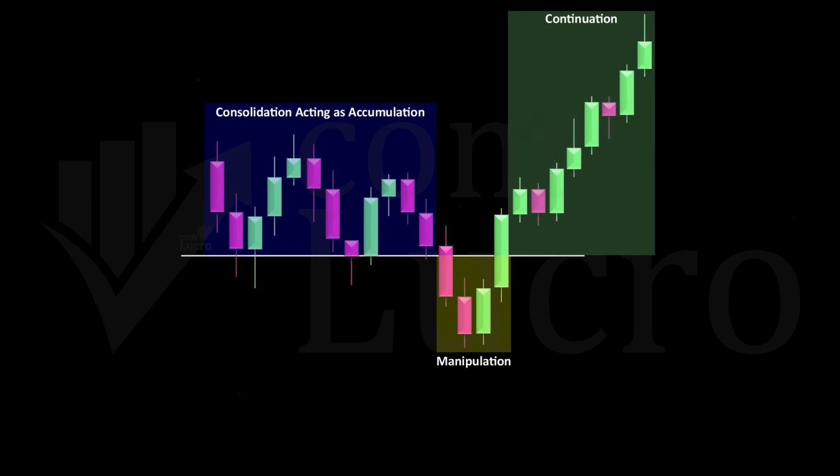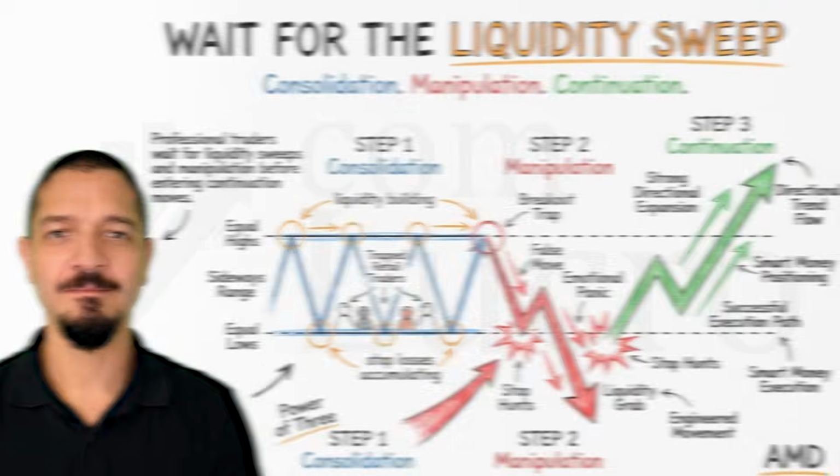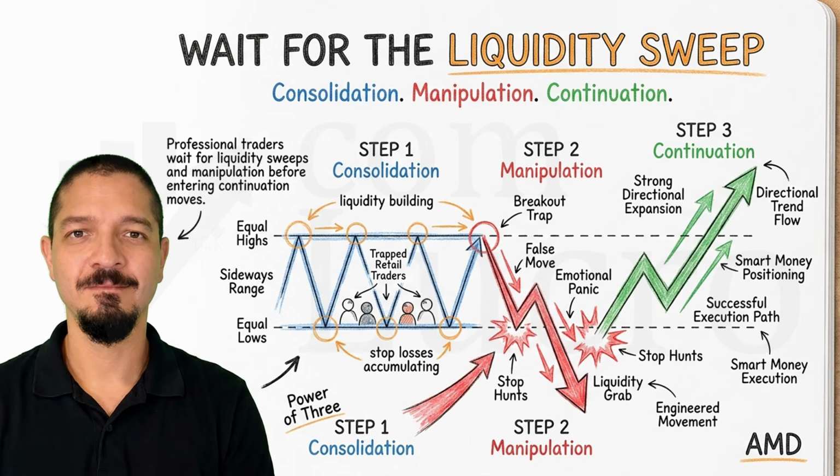This final phase is what we refer to as continuation, and it is where trade execution takes place. As traders applying smart money concepts, the objective is to enter after liquidity has been taken and stops have been triggered. In simple terms, the Power of Three framework describes a sequence of consolidation, manipulation, and continuation, with accumulation or distribution only becoming clear after the continuation phase unfolds.